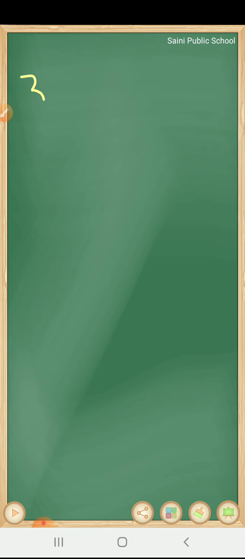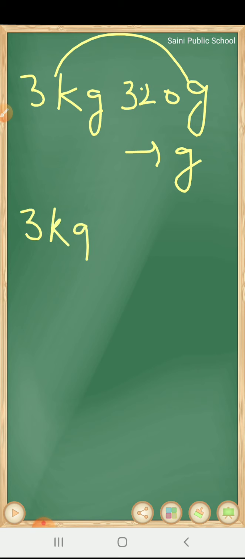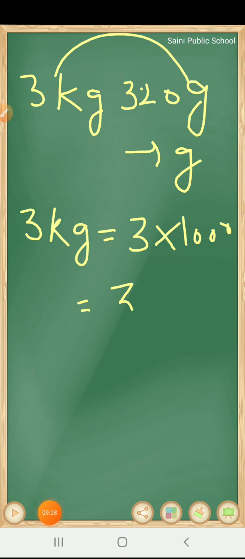Now let us discuss one more example. Suppose you have 3 kilogram and 320 gram and you want to convert into gram. So how will I convert? Again, 3 kilogram is equal to how much gram? 3 kilogram is equal to 3 into 1000, which is equal to 3000 gram.